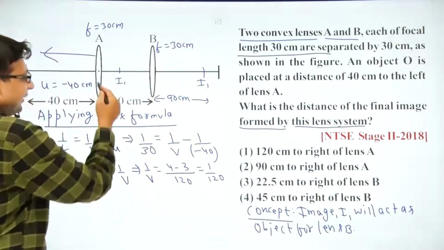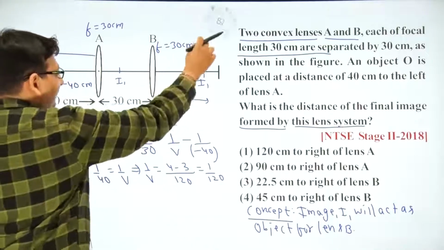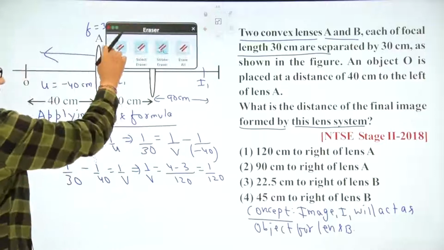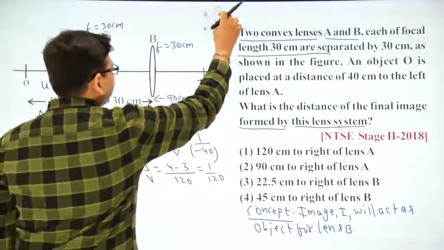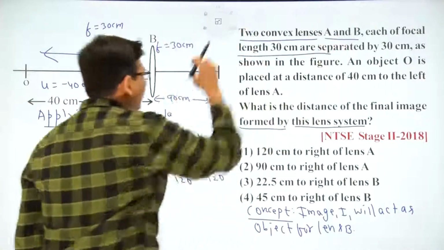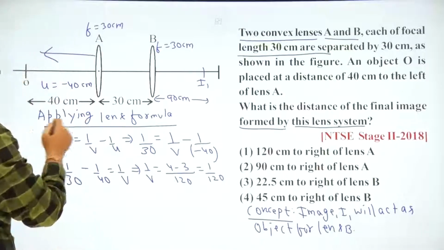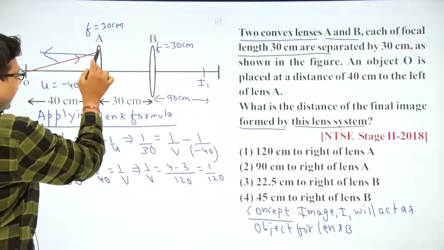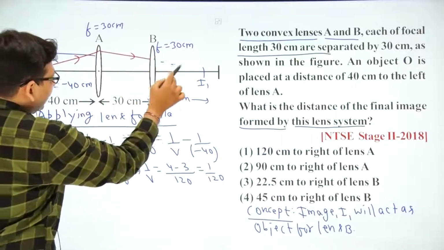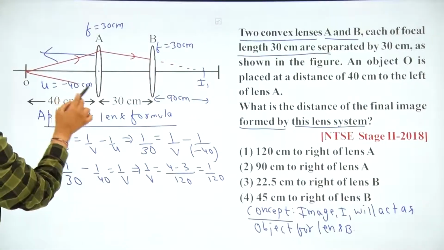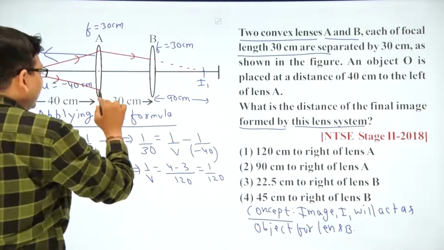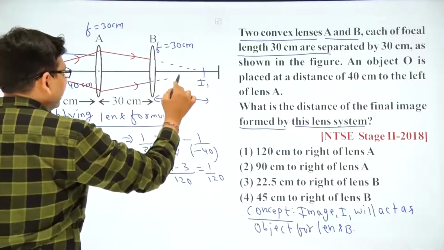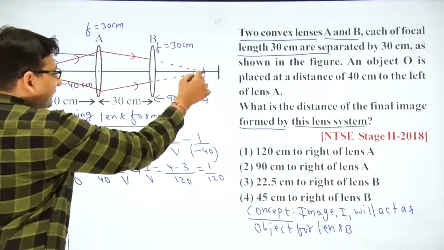This is I1. This is incorrect, so I am erasing this part. Okay, students. Whatever light there is, this is my incident ray, it will refract and try to converge at this point. This is my ray diagram where the light ray will converge at point I1.